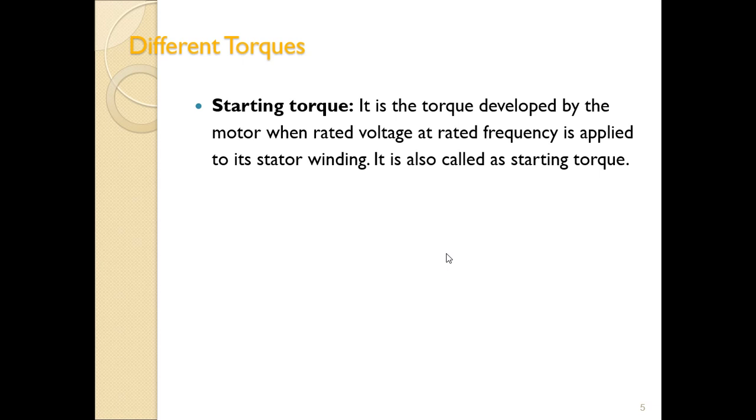So what is the definition? It is the torque developed by the motor when the rated voltage at rated frequency is applied to its stator winding. This torque is used to start the motor. Because of this torque, the motor starts developing a rotating magnetic field and the rotor rotates.